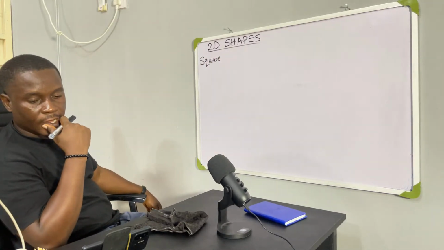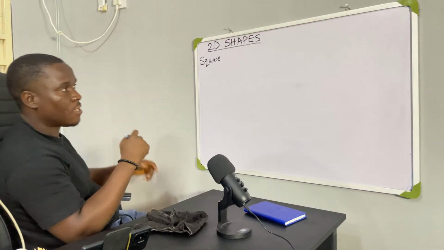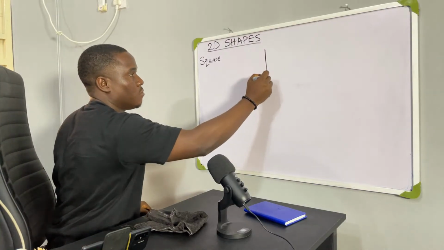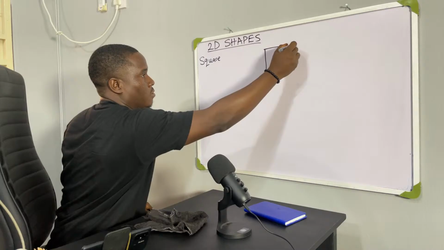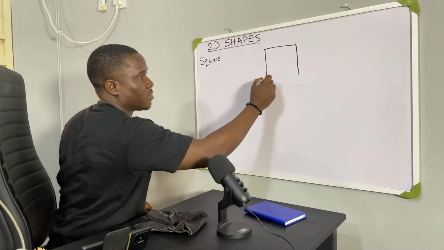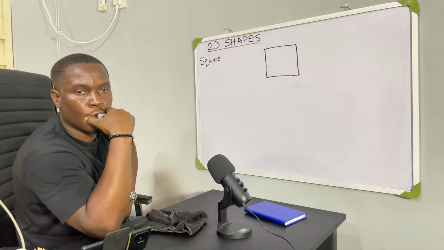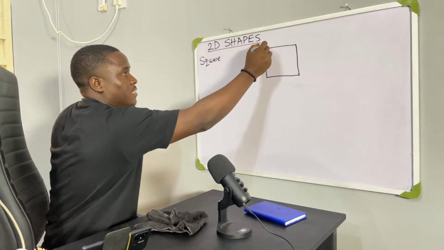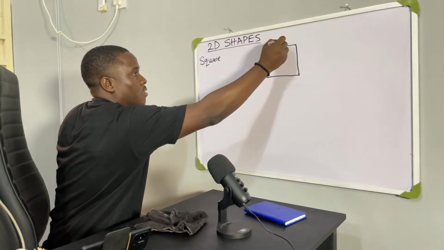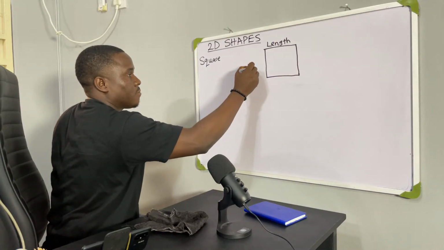So a square is similar to a rectangle, but they have just one difference. For a square, all the sides are equal. So here is length, and here is length.